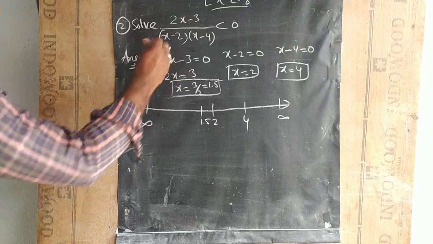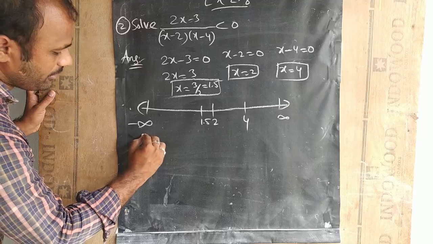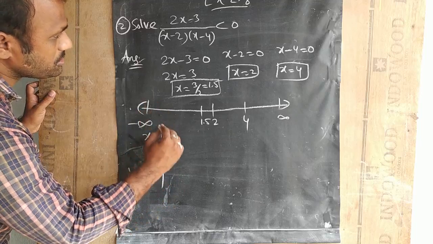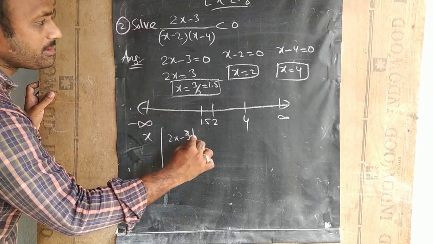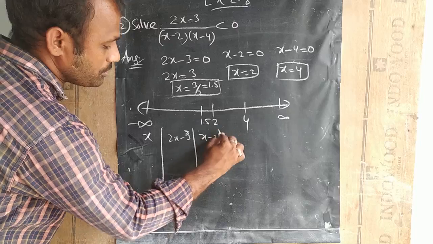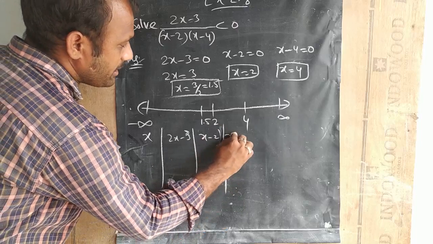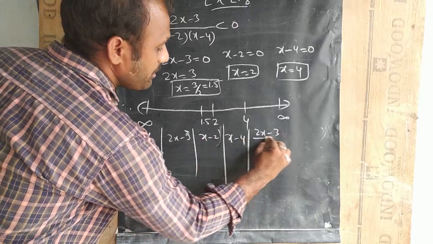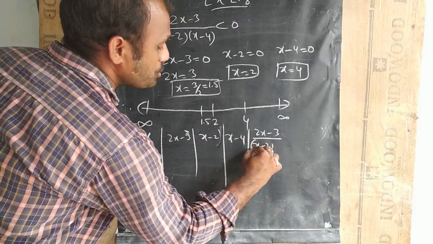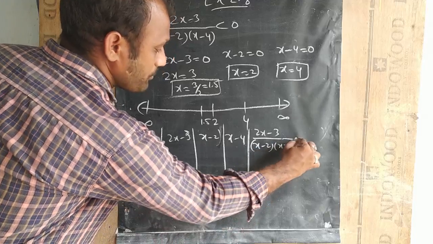So we have to take x, next 2x minus 3, next x minus 2, next x minus 4, lastly the division 2x minus 3 by (x minus 2)(x minus 4).